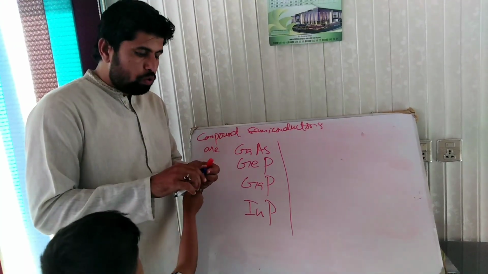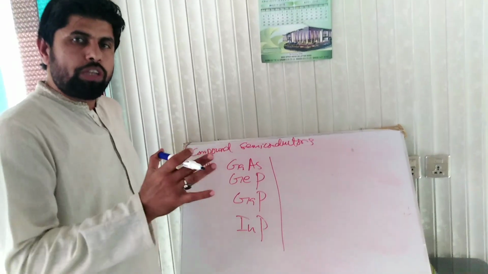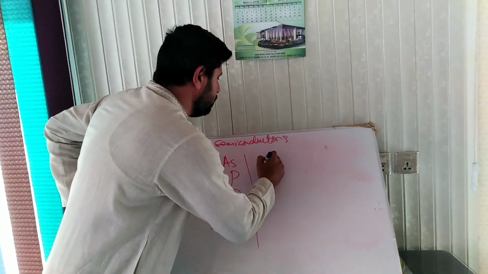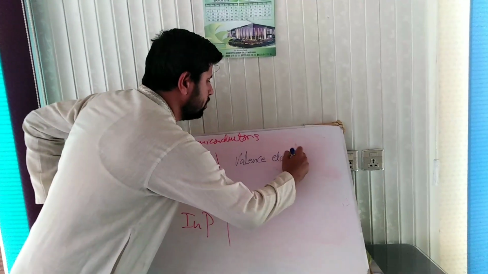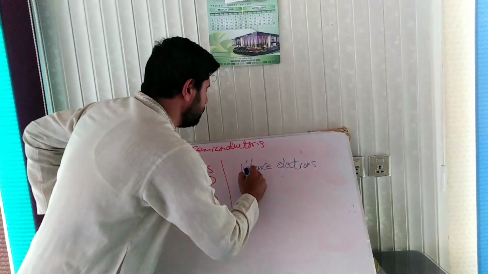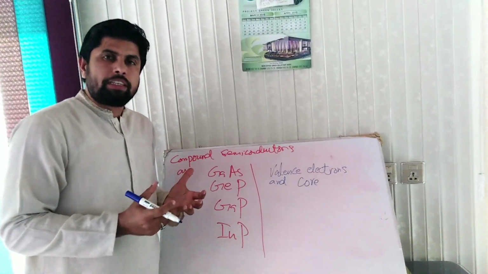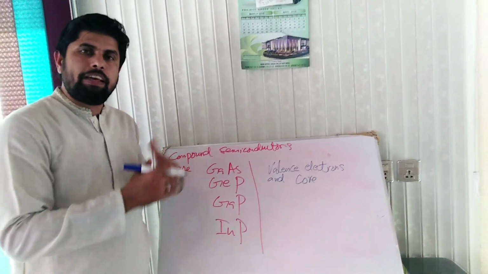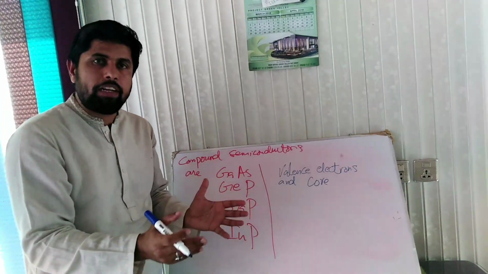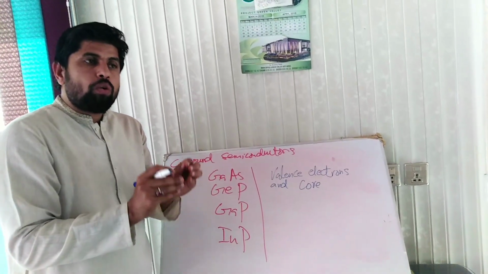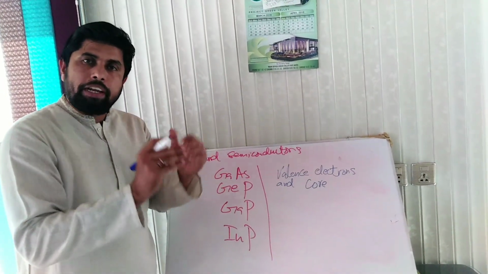Before going to 4 electrons in the valence shell, I will introduce another concept: valence electrons and core. Valence electrons are the electrons sitting in the valence shell, the last shell. The core of the atom means all the remaining shells and the nucleus.